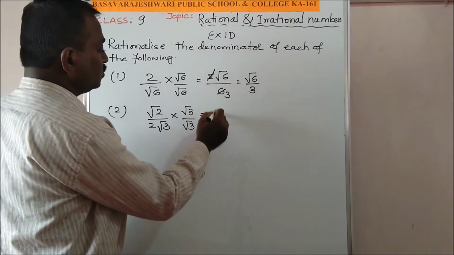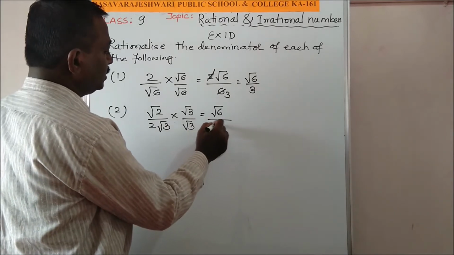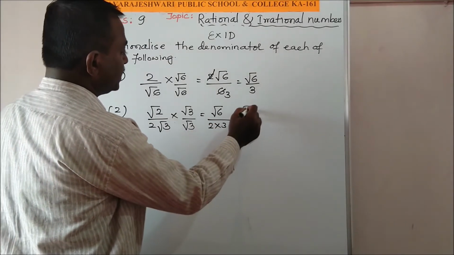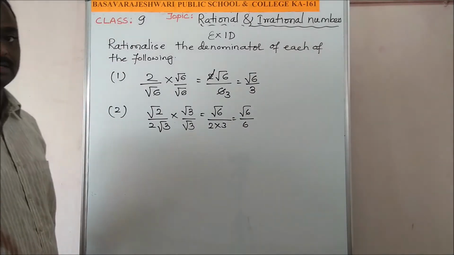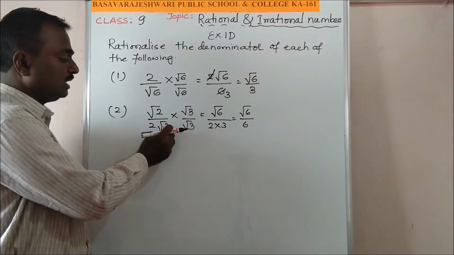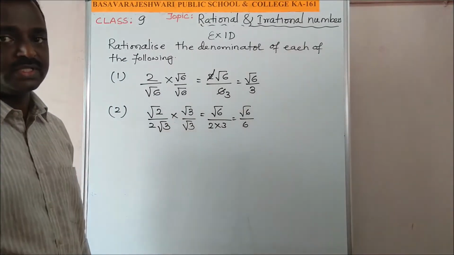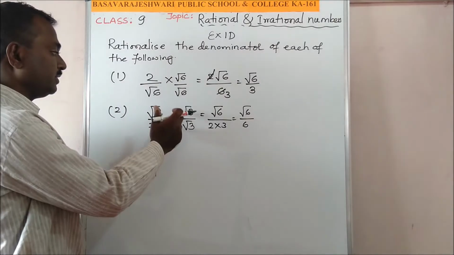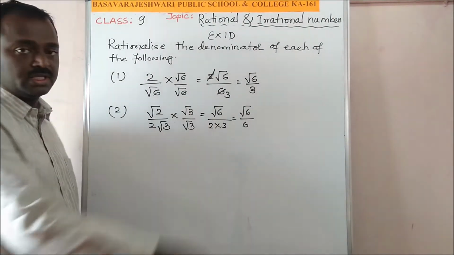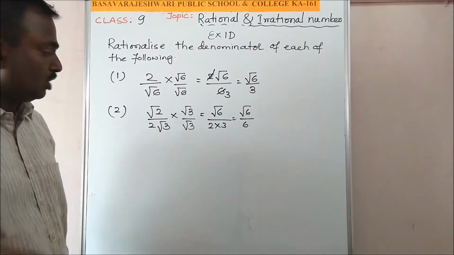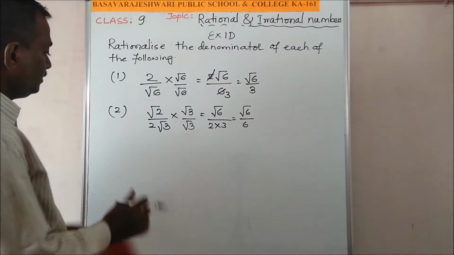This is root 6 by 2 into 3, that is root 6 by 6. Okay, I multiplied with only root 3 because I want to eliminate the irrational number in the denominator. Therefore, I have to multiply the same number with the numerator and the denominator.